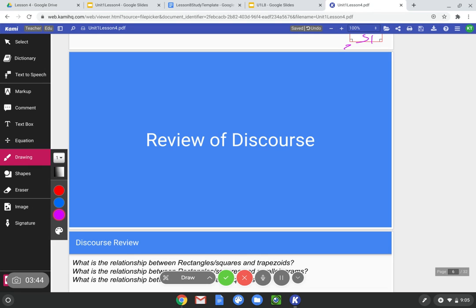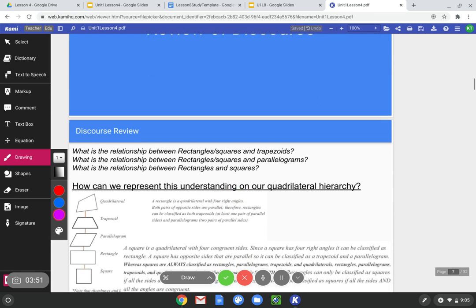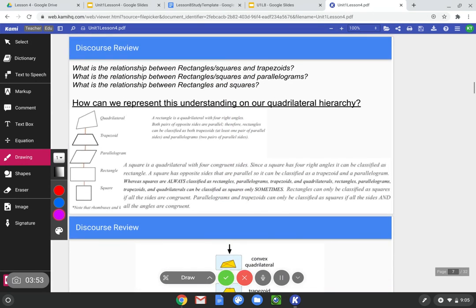Let's review the discourse from yesterday, lesson 3, to get the most salient and important points that we discussed. So pause the video and read this paragraph. Let's underline some of the most important parts.